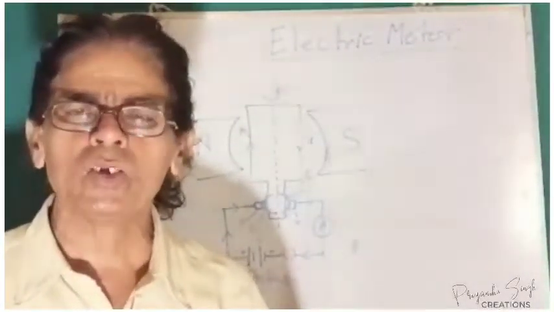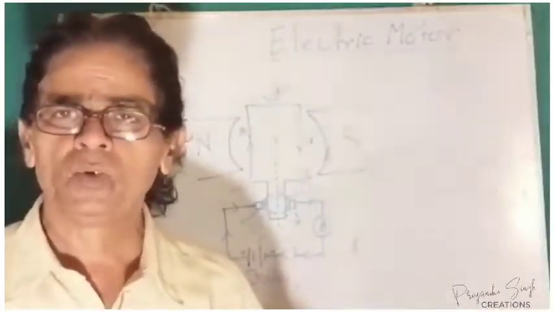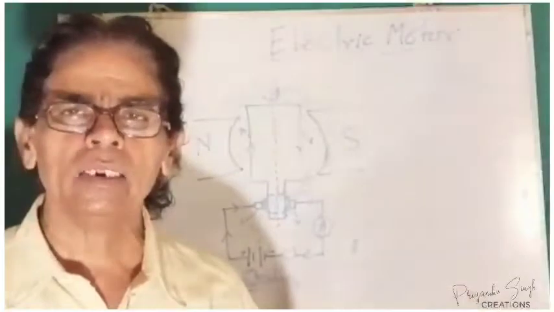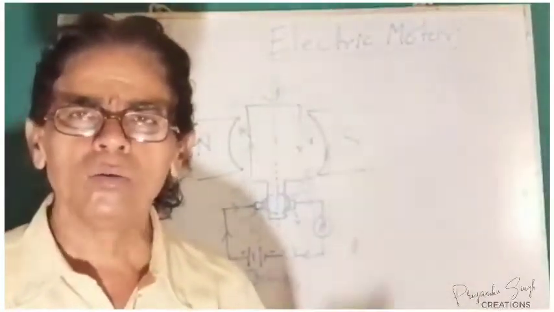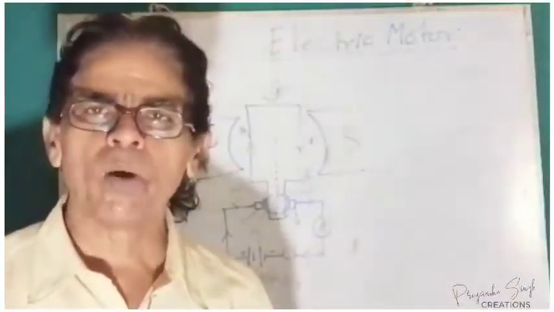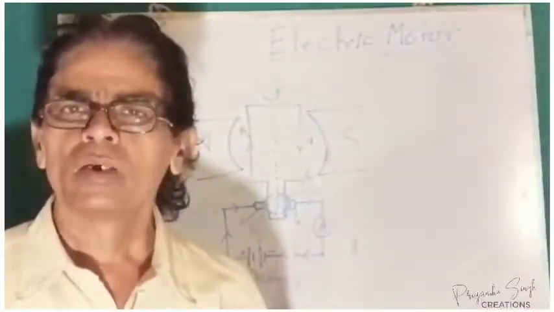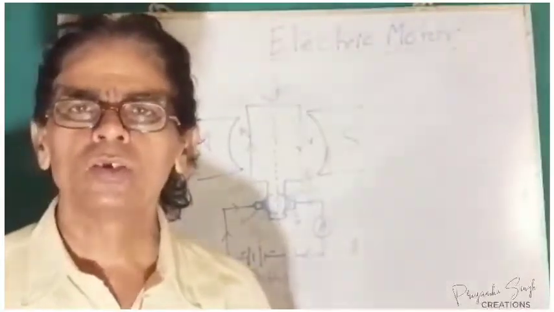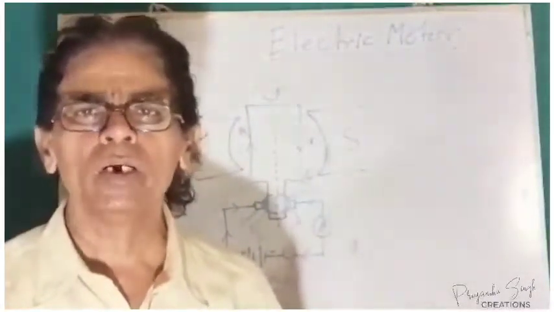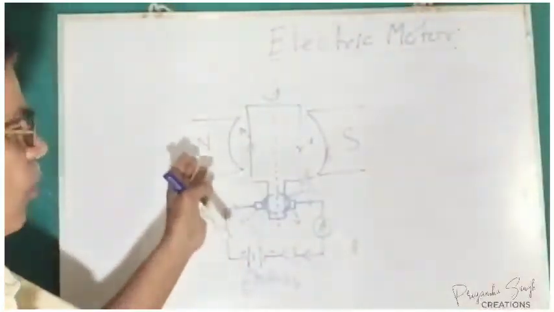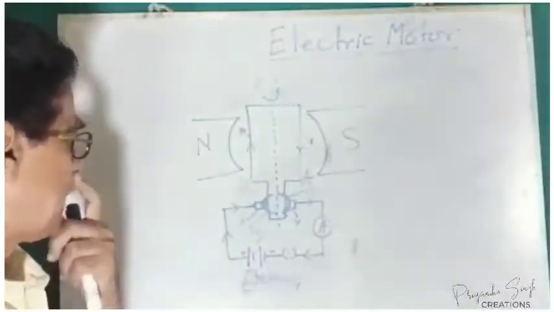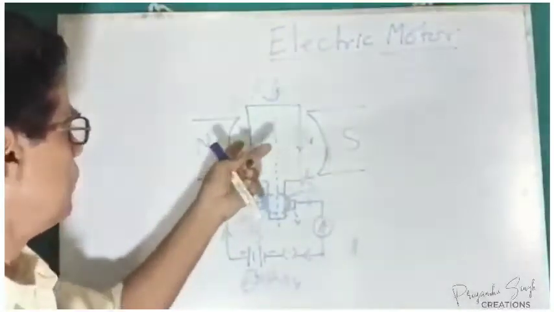The interaction of these two forces changes the position of the rectangular coil in the magnetic field, along the direction proposed by Fleming's left hand rule. This is how we get mechanical energy in this motor. This is the basic principle of the transformation of electrical energy into mechanical energy.